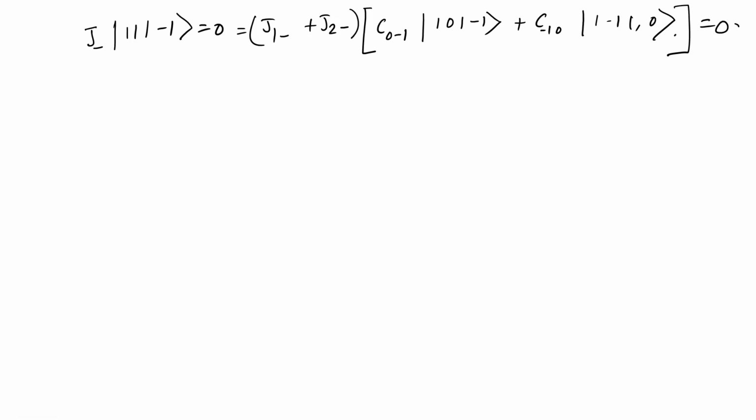So, you have to operate that, and if you do that carefully, you will have j 1 minus and j 2 minus, and use this relation for these individual states. So, remember that this is j 1 m 1, this is j 2 m 2, and so on. So, we have this j minus operating on 1 1 1 minus 1, that gives us a root 2 and gives us this.